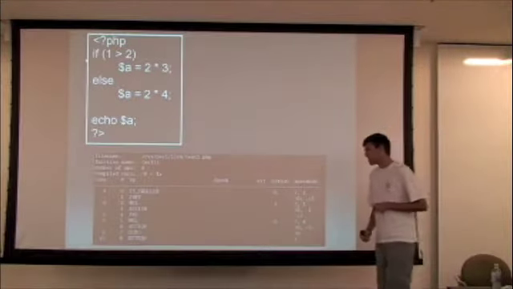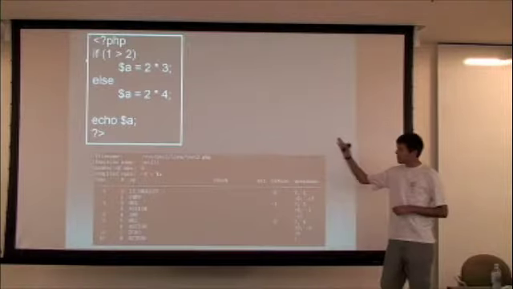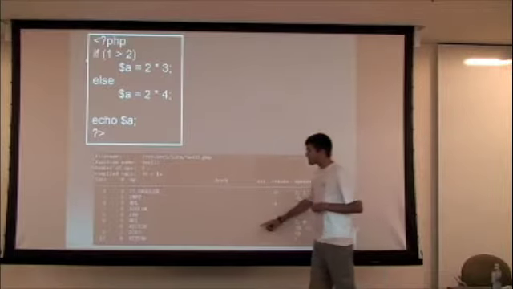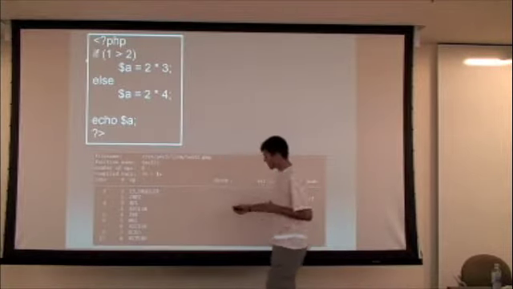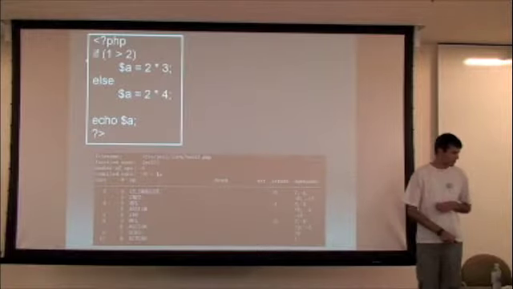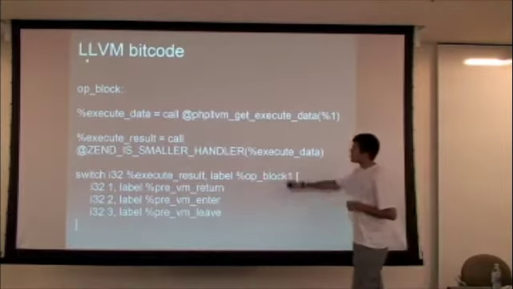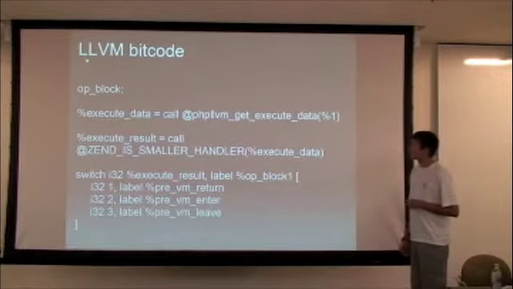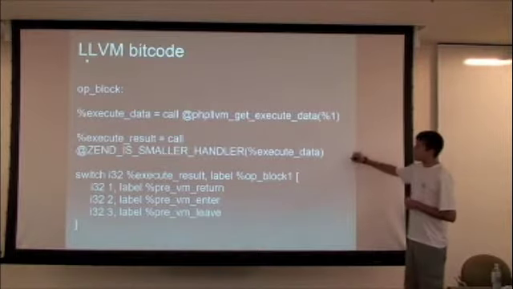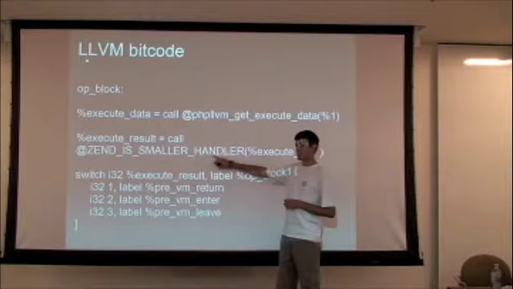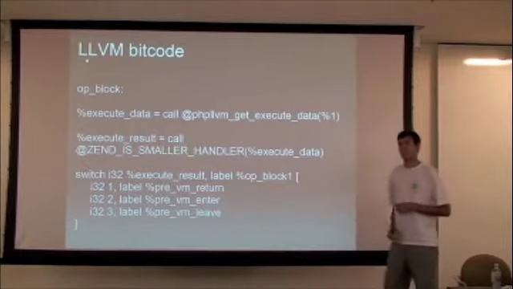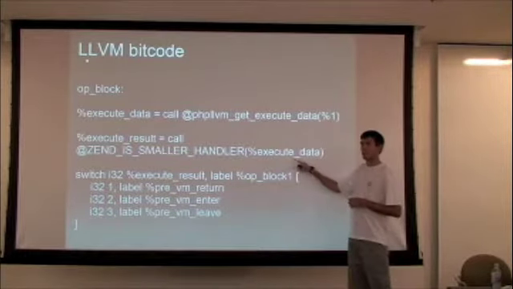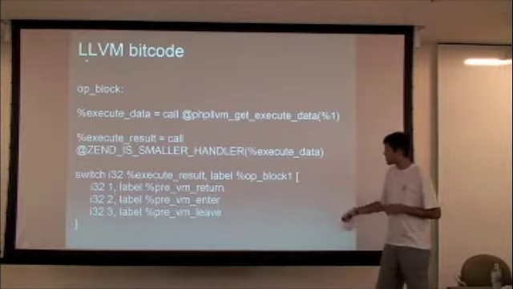Okay, so let's see an example. Let's compile this file to bitcode. We have the is-smaller handler here. We have this helper function, which is just a one-liner, and then we call the handler here, which is going to execute that bytecode according to the parameters, like the operands.